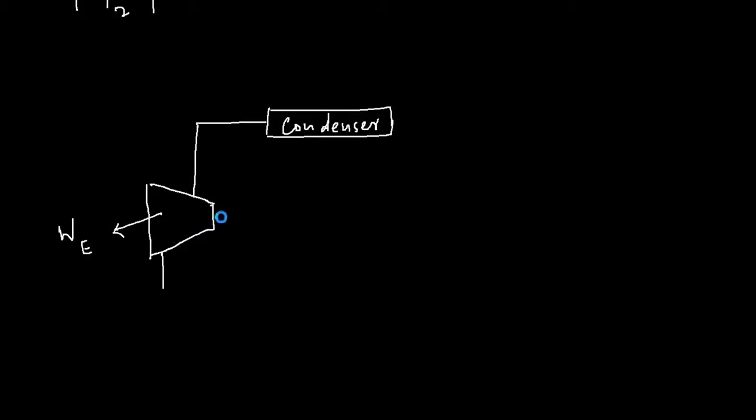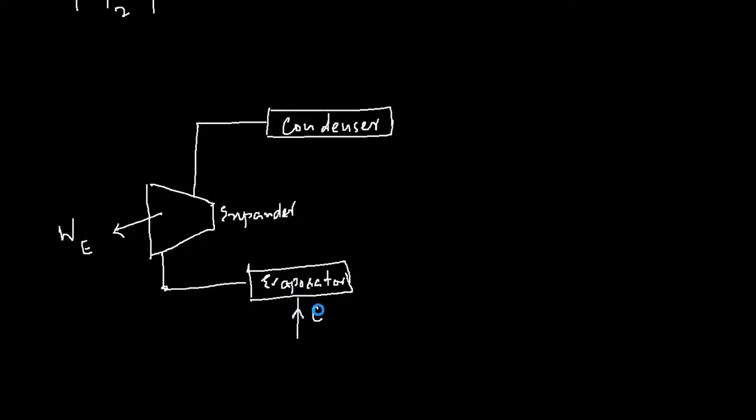Let's call it expander. Then it moves to an evaporator, where it absorbs heat from a body at a low temperature, say T2, and from here it goes to a compressor.